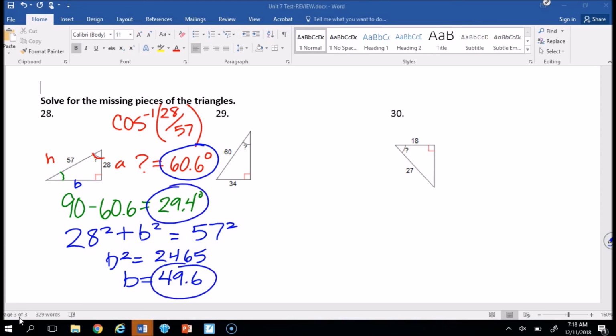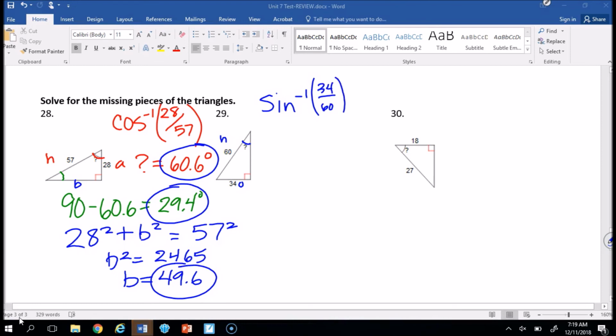So with number 29, same process. So this time again, we're going to find this angle up here. So we're going to use what we have. Again, we have the hypotenuse. This time we have the opposite. If you look on your formula sheet, you'll see the opposite and hypotenuse is the sine ratio. So we're going to do the inverse sine of opposite over hypotenuse.